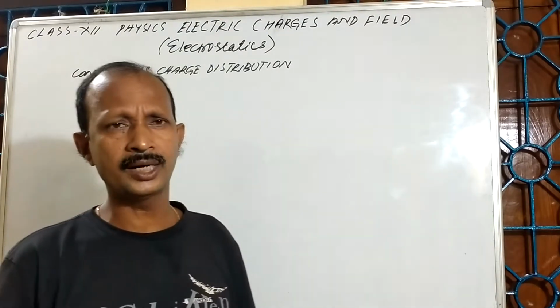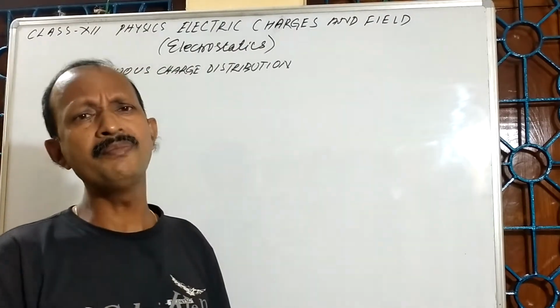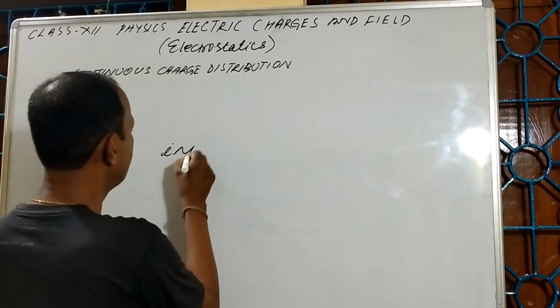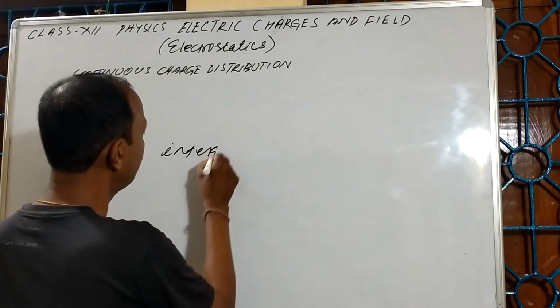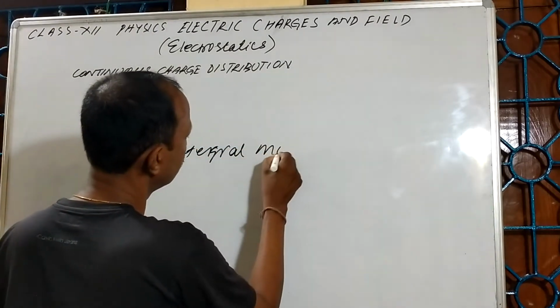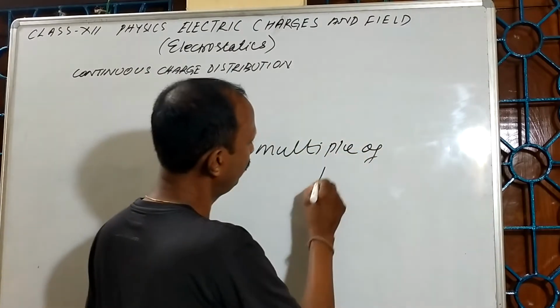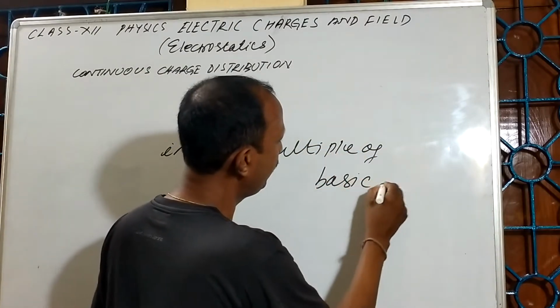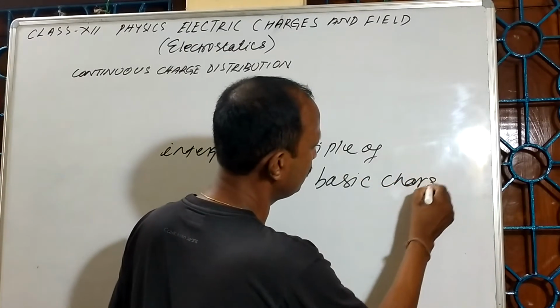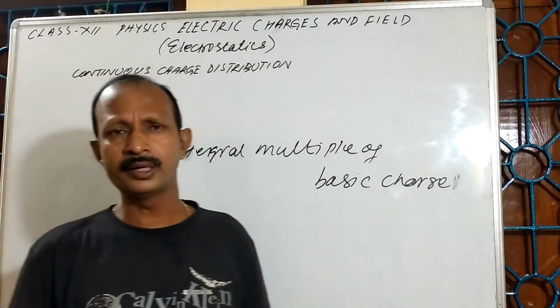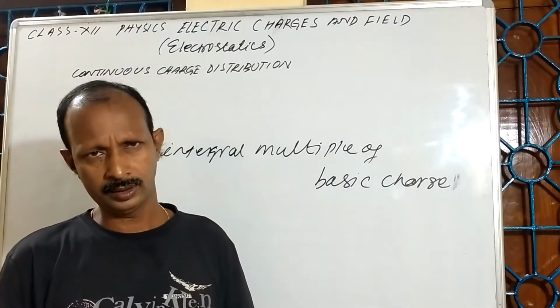We find the charge in an integral multiple of the basic charge. Basic charge means the charge of an electron, or you can say the charge of a proton.